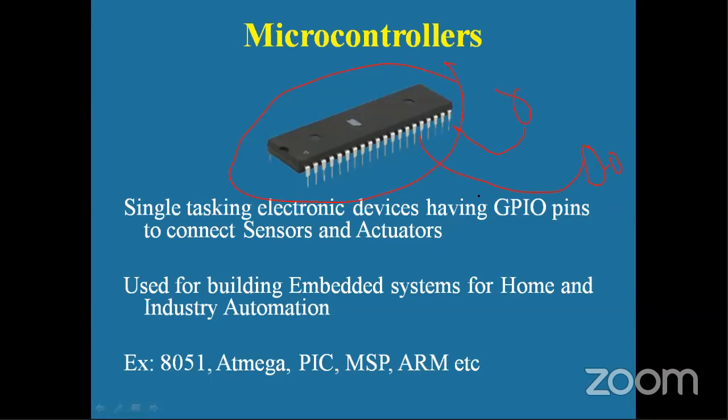Why is it called a single tasking electronic device? It is called that because this microcontroller can run only one program at a time. You can in fact store only one program in the microcontroller. You cannot store two programs.